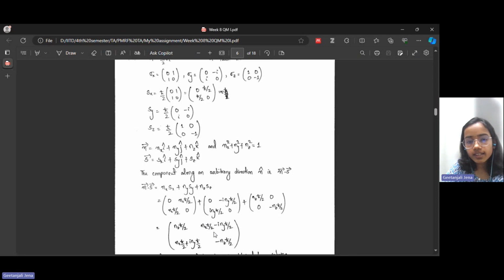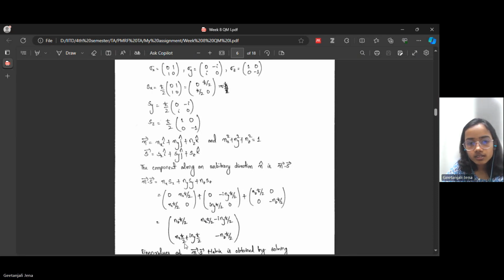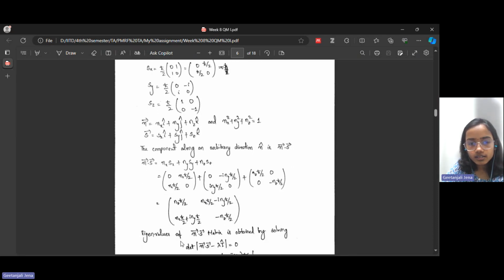The second one is nx h cut by 2 minus i ny h cut by 2. The 2-1 element will be nx h cut by 2 plus i ny h cut by 2. And the 2-2 element will be minus nz h cut by 2.